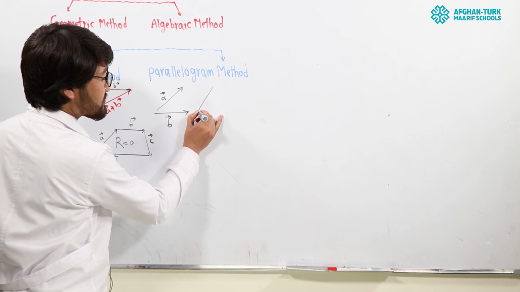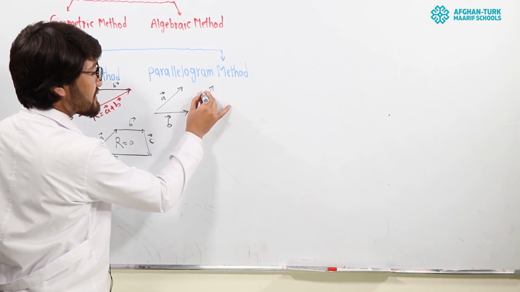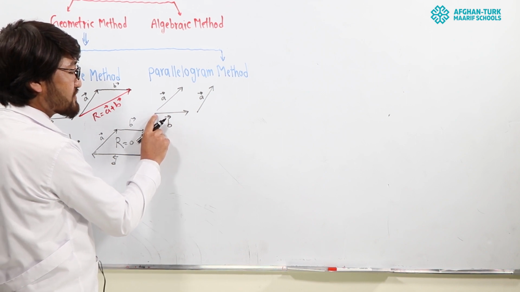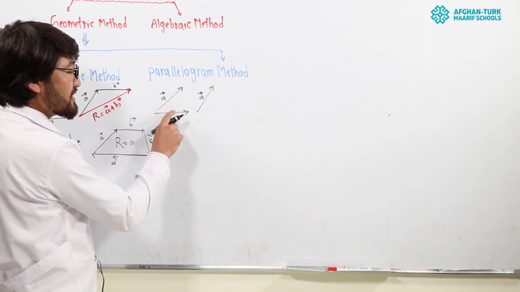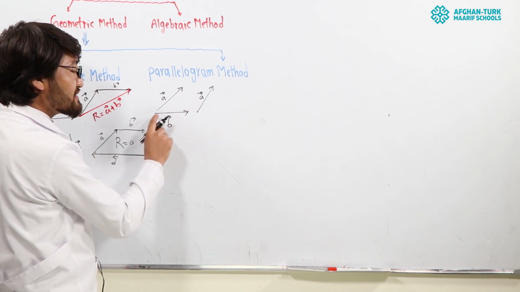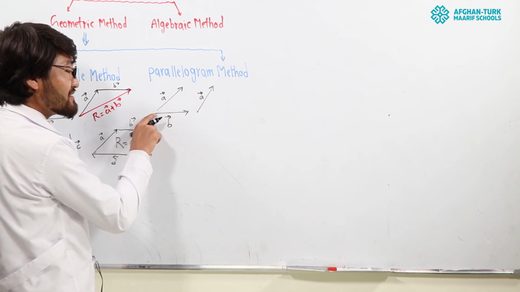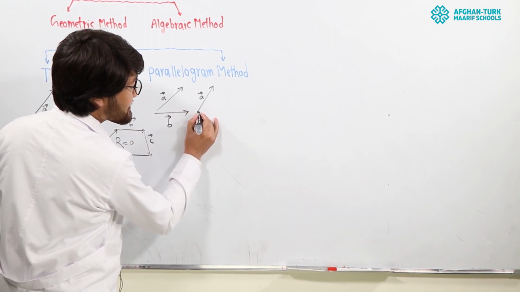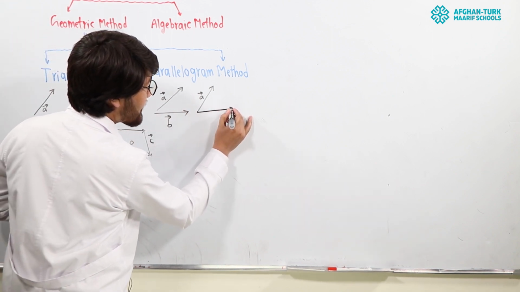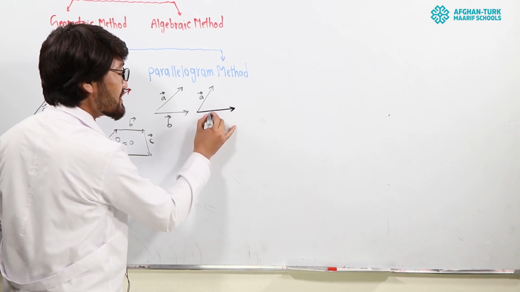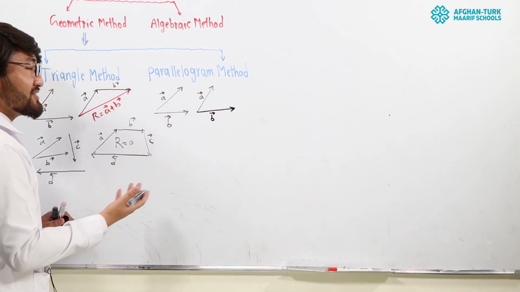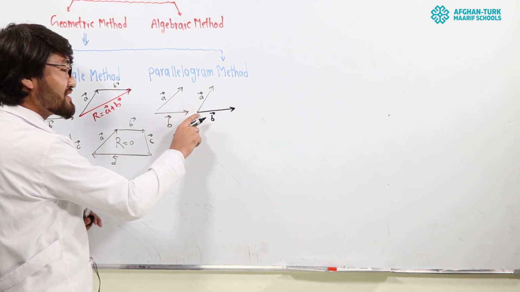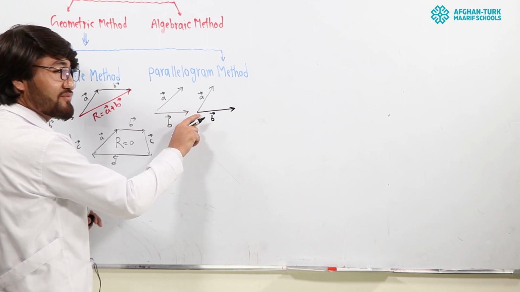We carry vector A to a new place, and then we join the starting point of vector B to the starting point of vector A. It means we join them origin to origin.